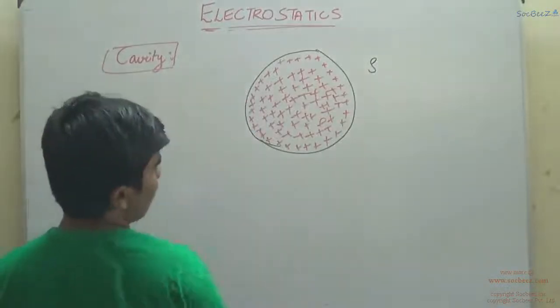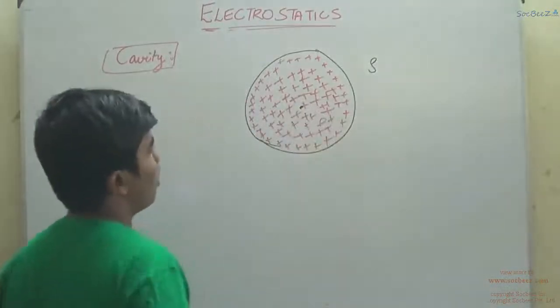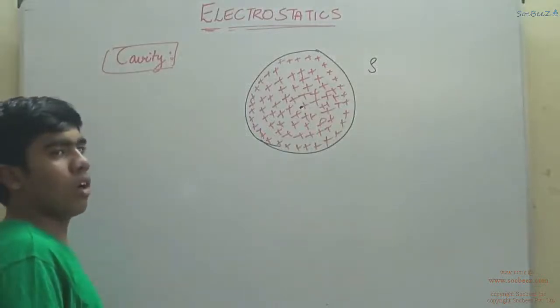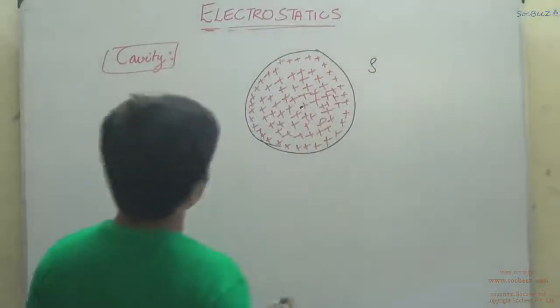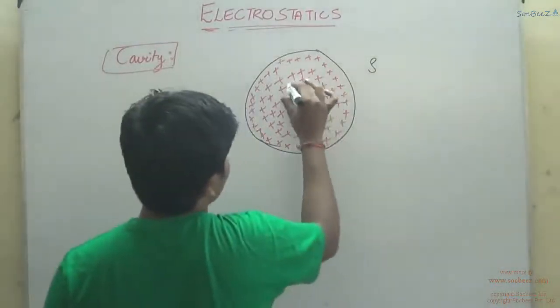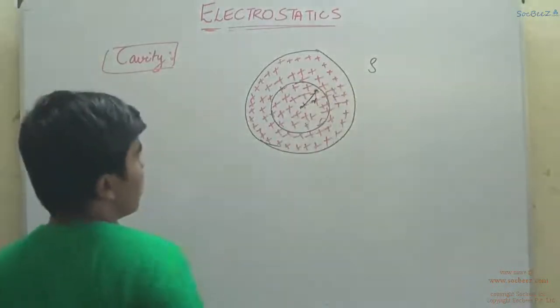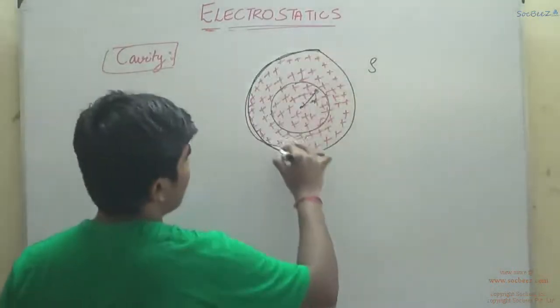So before going to the cavity part, let us use the Gauss law in a few more situations. So how do we find out what is the electric field at a distance small r from the center? This is a sphere, by the way.